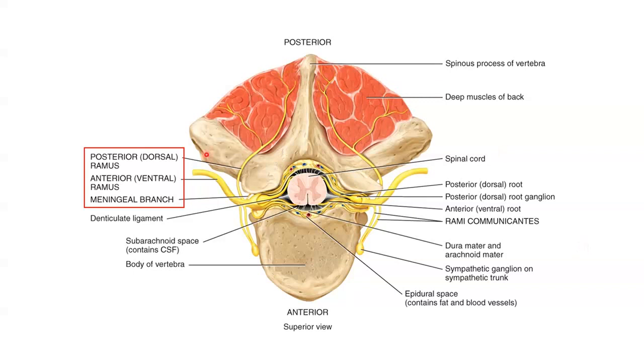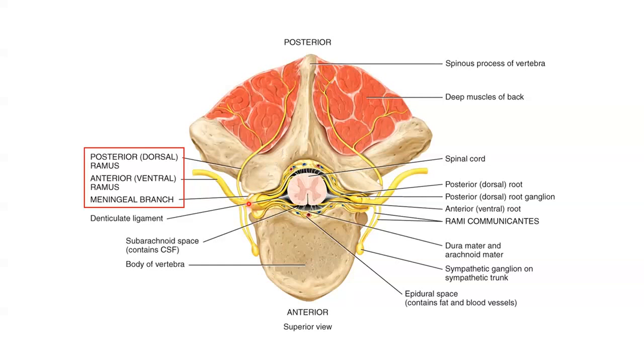So if we take a look at this image here, we have obviously our spinal cord in the middle. We have our spinal cord exiting here, and we have our anterior and our posterior roots here. So the convergence where they join becomes our spinal nerve, and then it branches off into those different branches.